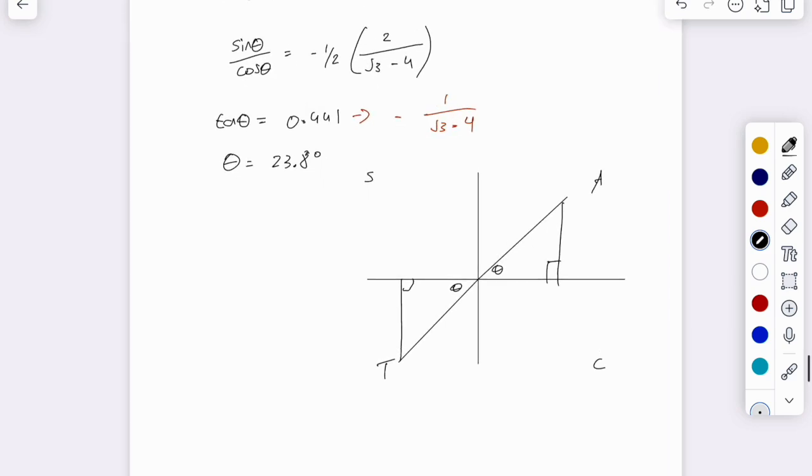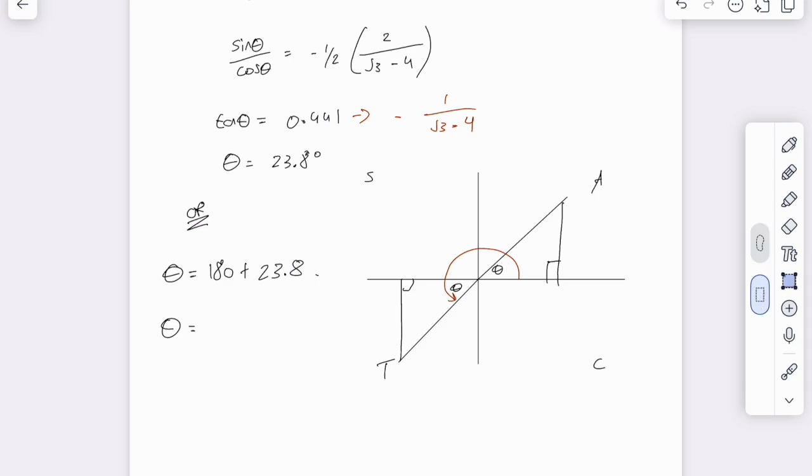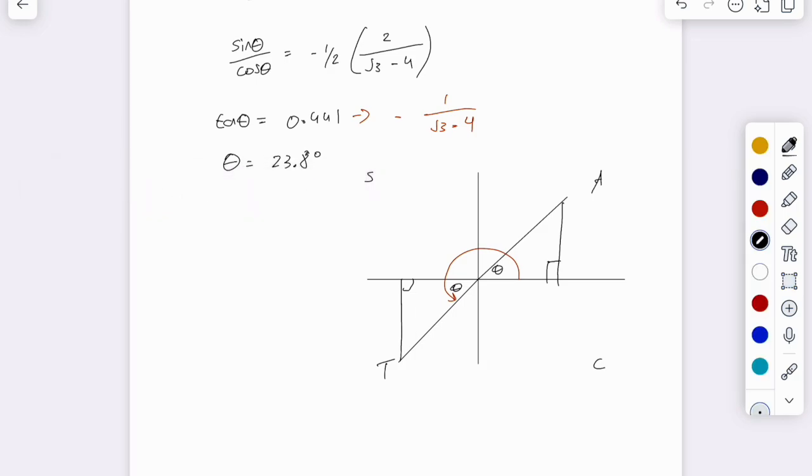Okay, so therefore theta is 23.8 here. If we go all the way around here, theta is equal to 180 plus 23.8, which is obviously outside our bounds, right? So therefore the only answer here is going to be 23.8.